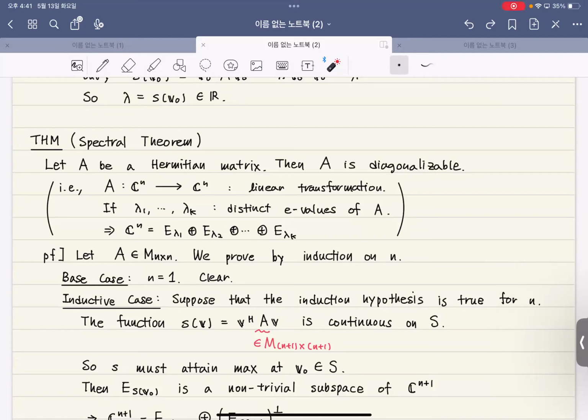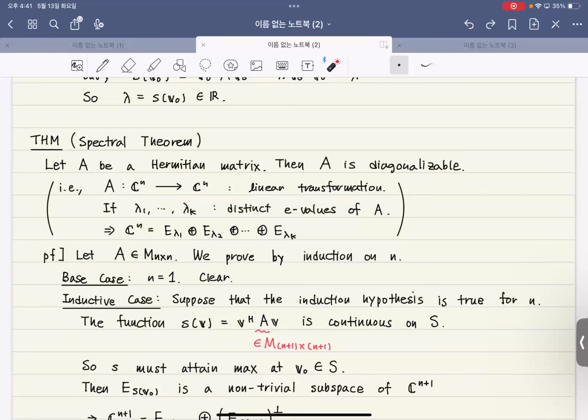Let me try to read the theorem. If A is a Hermitian matrix, then A always allows a diagonalization. A is always diagonalizable. Why? Before I try to prove this, I'll just emphasize the importance of the theorem.